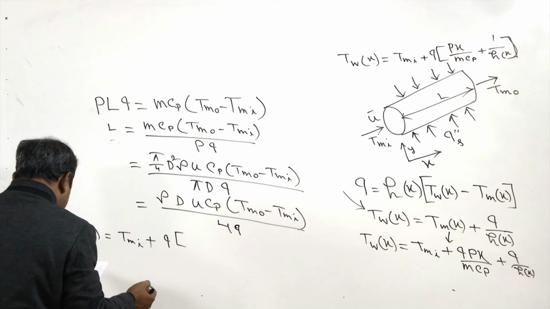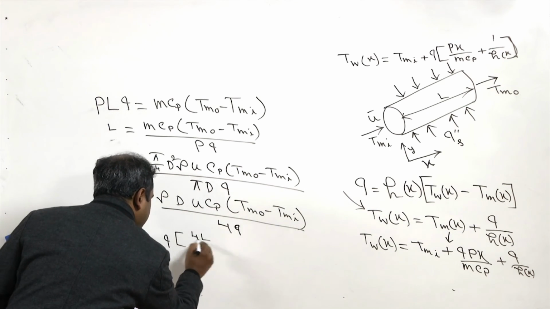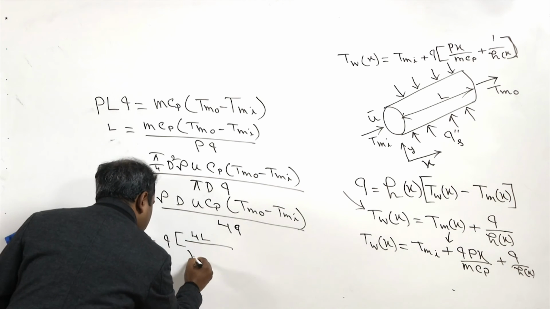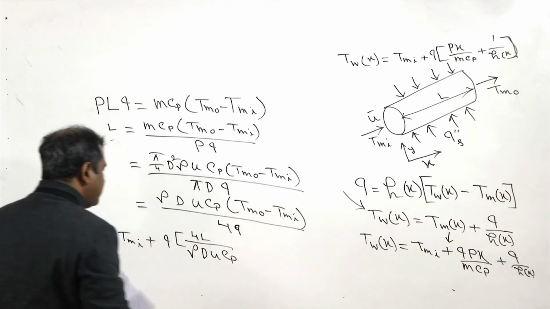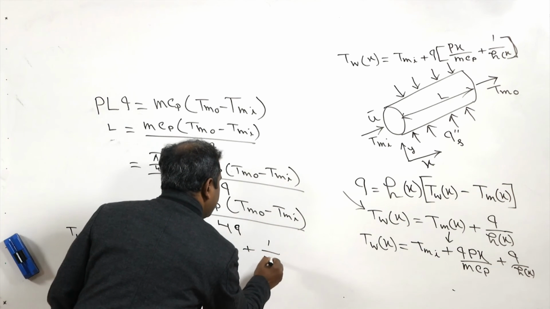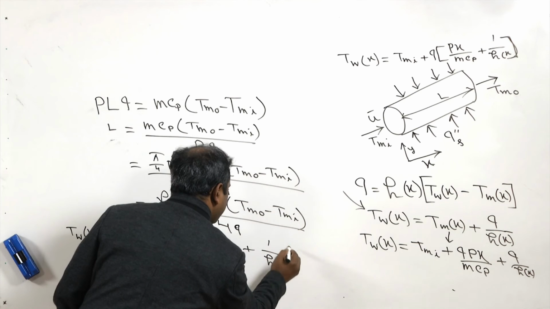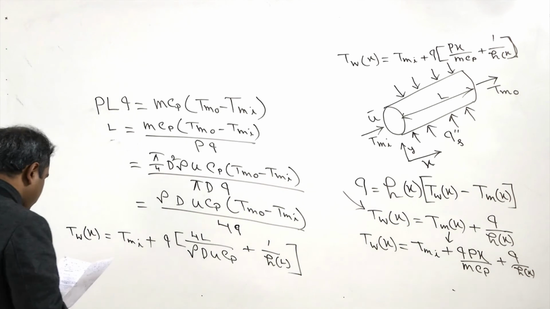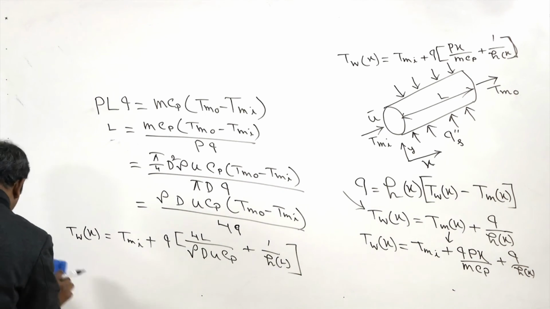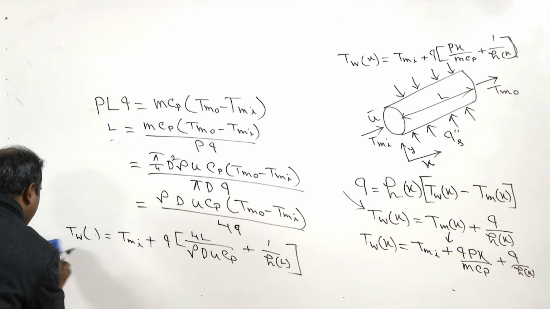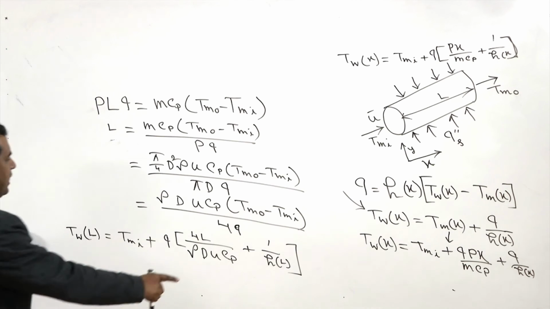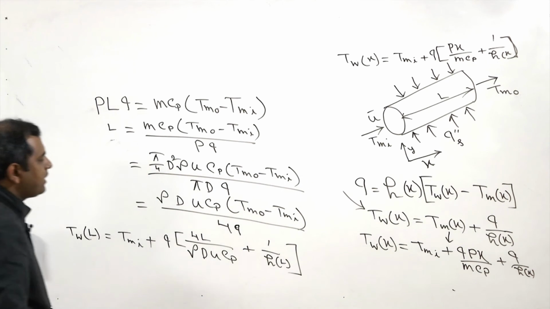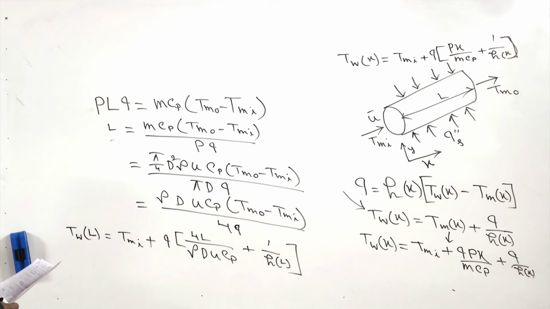If you put it over there, it will become 4L by rho d u Cp, and 1 by h L. So, this is the expression for Tw at the end of the pipe, Tw L, because I have put x equals L over here. So, these two equations we have found.